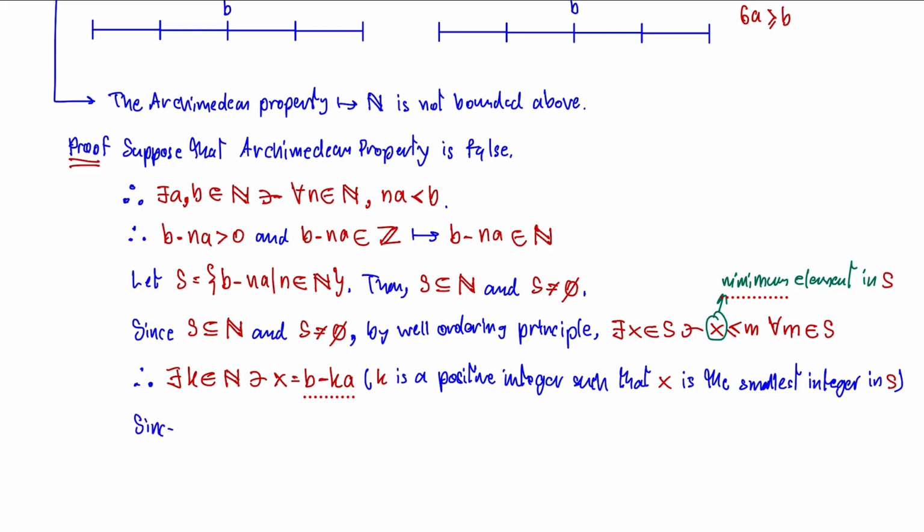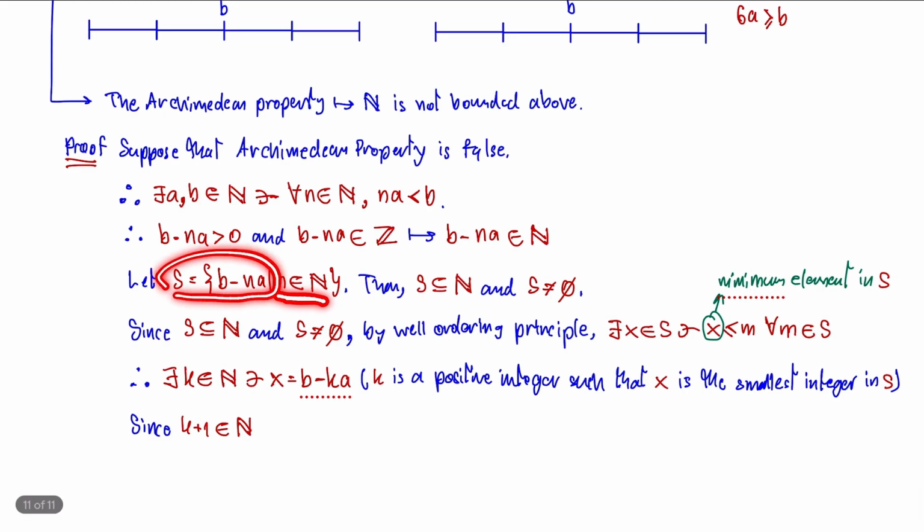We have k plus 1 as a positive integer. Once k plus 1 is a positive integer, it satisfies this condition. So we have another element in set S. So we can have b minus (k plus 1) times a in set S.